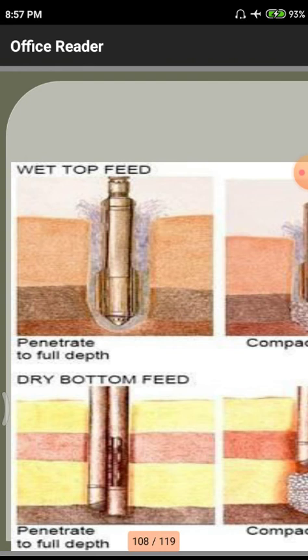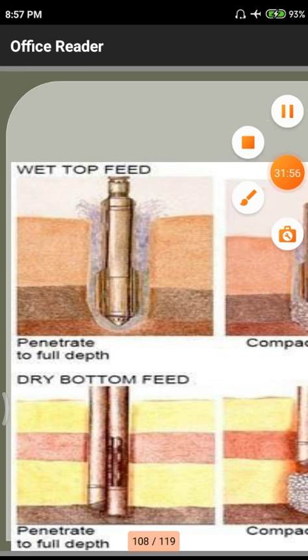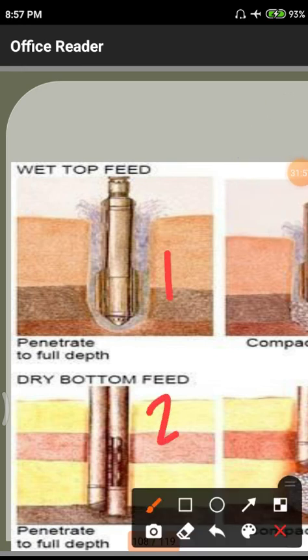Okay, this is the penetration at full depth. First stage of penetration, this is the second stage, this is the third, this is the fourth. First we insert the auger into the particular soil. After that we reach a particular depth.